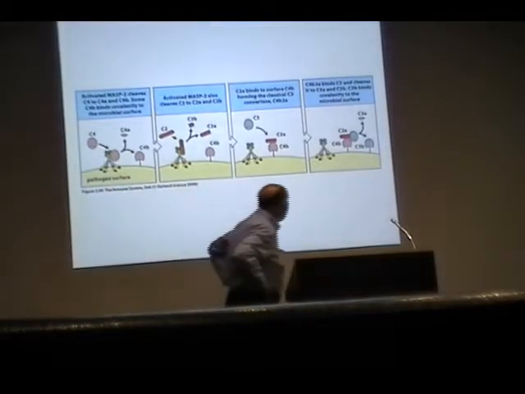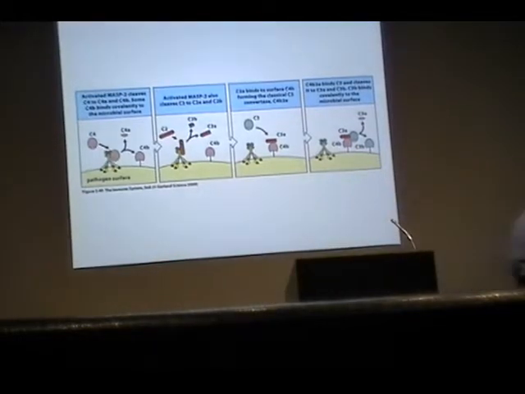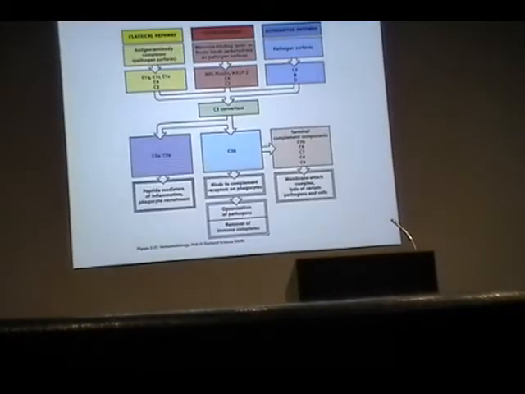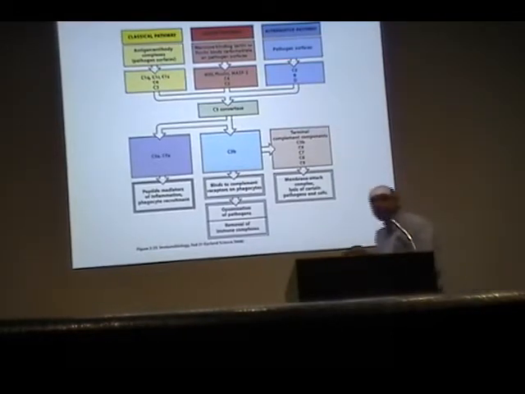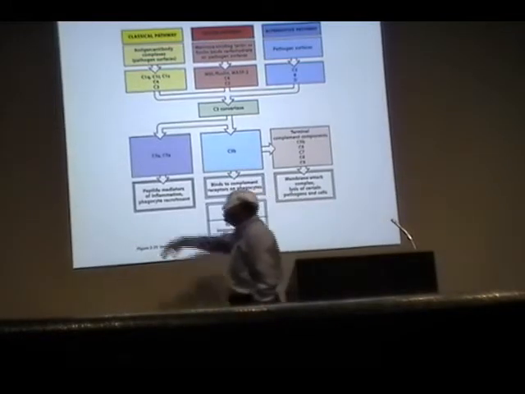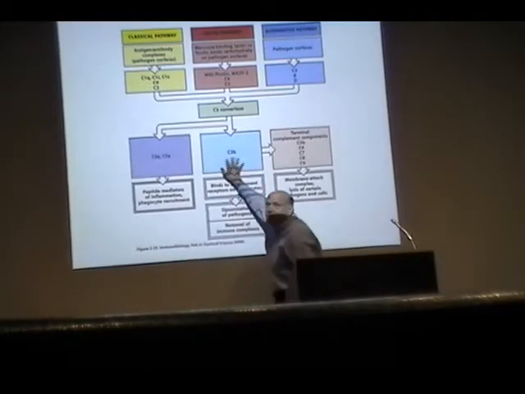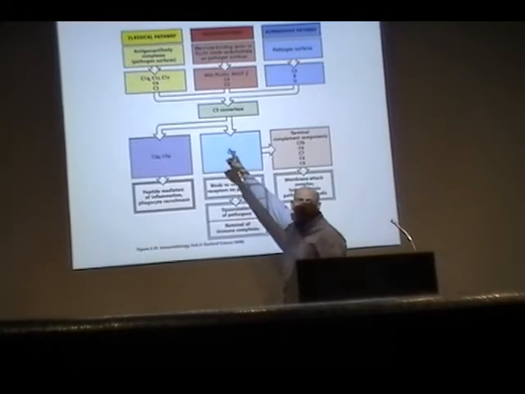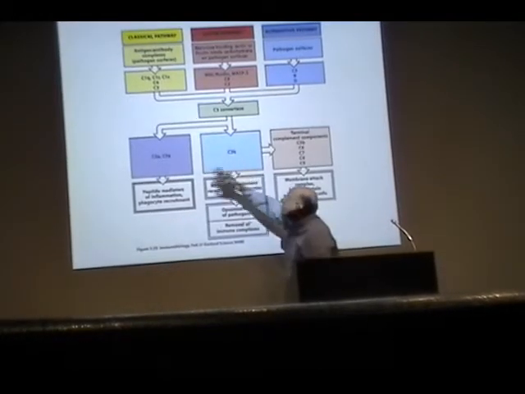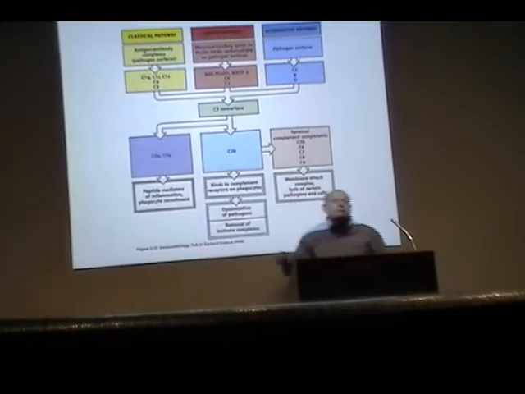We're only halfway there. So we go back to this. All we've done is create C3 convertases. That was our goal, to create C3 convertases and to coat a bacteria with a lot of C3b. We've done two things: we've created C3 convertases different ways, and we've coated the bacteria with a lot of C3b.